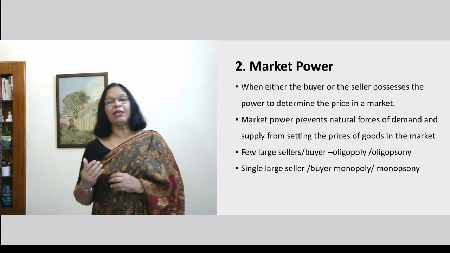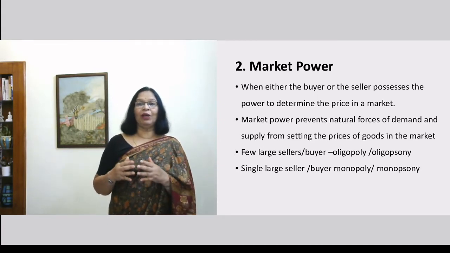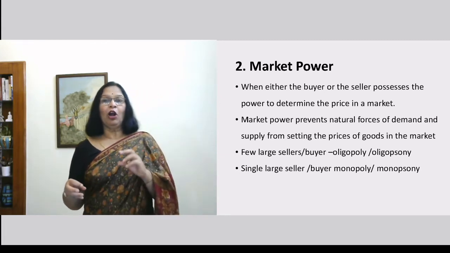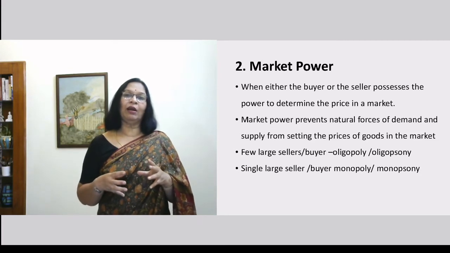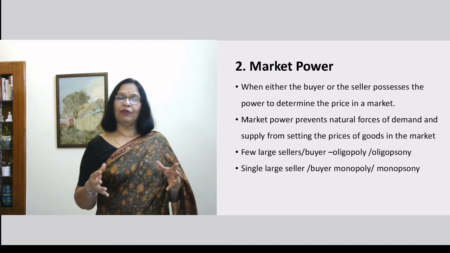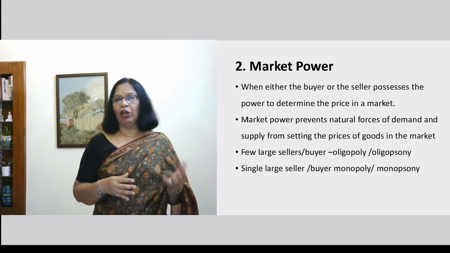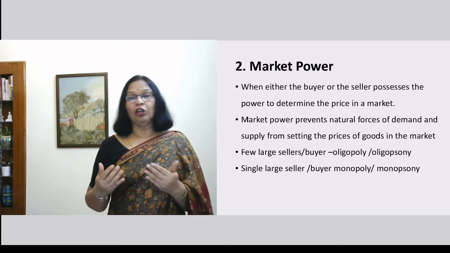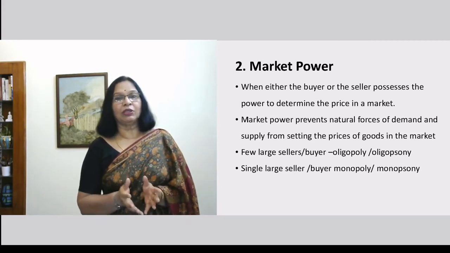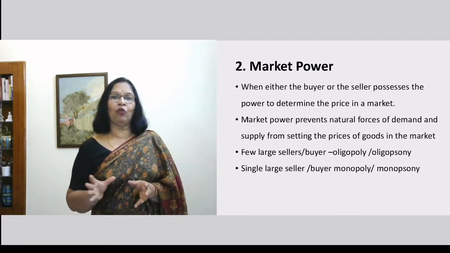Besides oligopoly and monopoly, there can be the opposite situation, which we call oligopsony and monopsony. Oligopoly is a situation with few sellers in the market. Oligopsony is when there are only a few buyers of that particular good or service or labor in the market. For example, a particular raw material is used only by 4 or 5 firms.